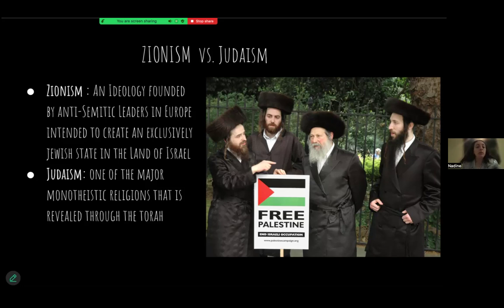Judaism is one of the major monotheistic religions that is revealed through the Torah. I put this visual here because there are many Jews who are against the state of Israel and the occupation of Palestine, and they support an end to the Israeli occupation. That's a very important piece, because there are many Jews who are against Zionism, because Zionism is an ideology based in colonialism, in white supremacy, in excluding an entire group of people and removing them from a land in order to give a rightful homeland for the Jewish people.